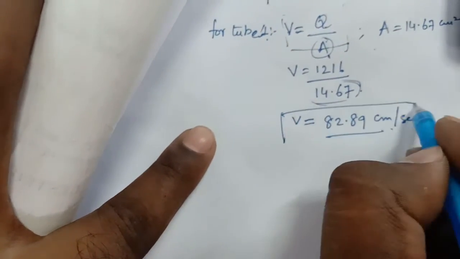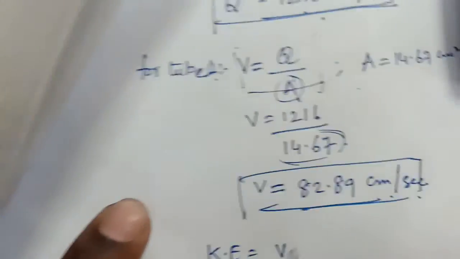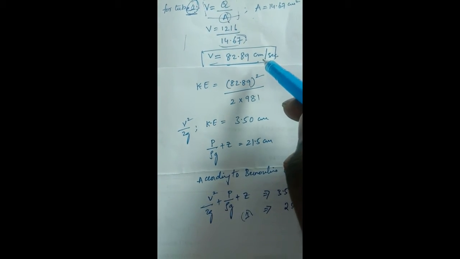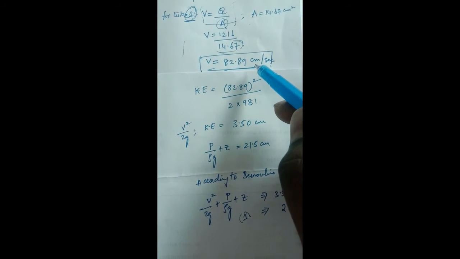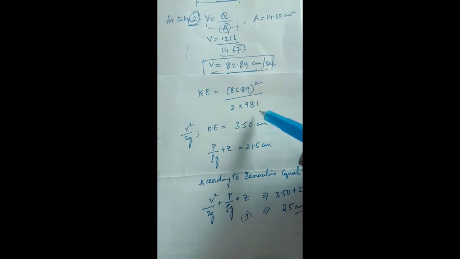Once we find out the velocity, now we can easily find out the kinetic head, that is nothing but v square by 2g. Here we found the velocity, 82.89 centimeters per second. Keeping this value in the formula, v is 82.89 whole square by 2 into g, which is 981.